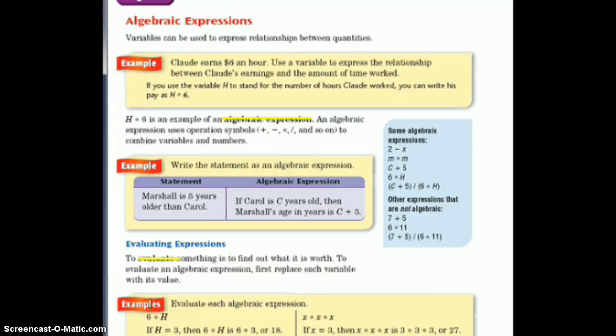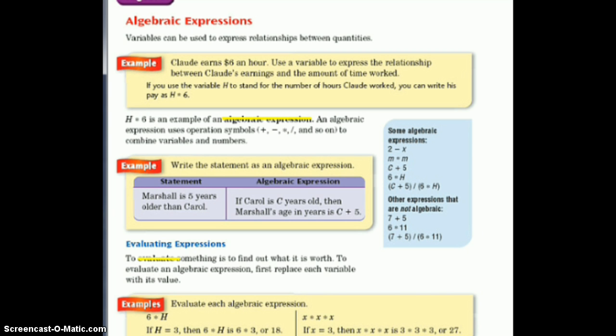Use a variable to express the relationship between Claude's earnings and the amount of time worked. If Claude worked for 1 hour, he would make $6. If he worked for 2 hours, he would make 12. For 3 hours, 18. You're taking the number of hours, h, times 6, and you can put in whichever number of hours you would like, and you will get your solution.